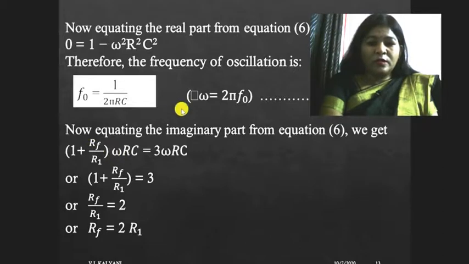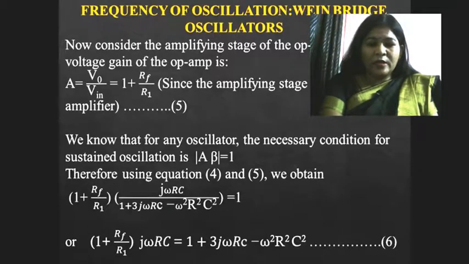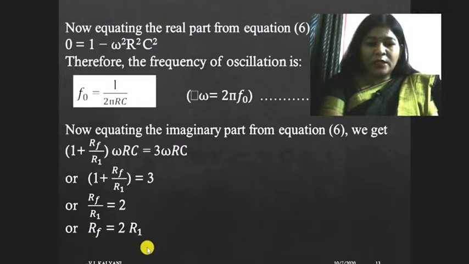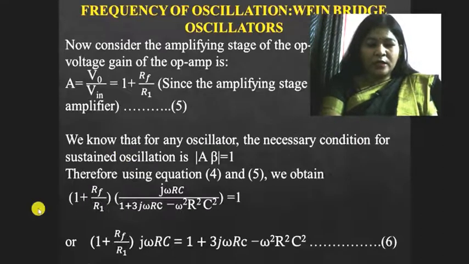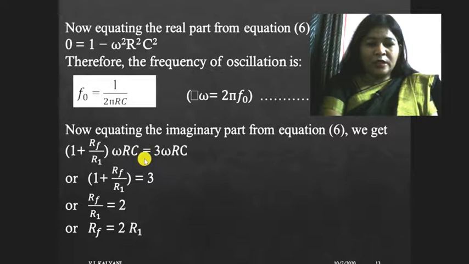because in the above equation 6 we are considering only the imaginary part. So remove the real part and consider only the imaginary part. Here, 1 plus RF upon R1 times omega RC is the imaginary part, and that is equal to 3 omega RC.